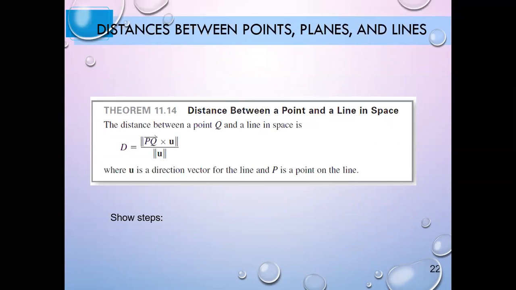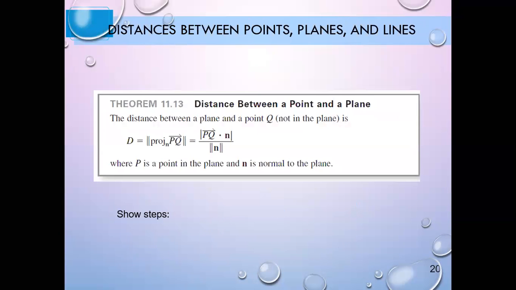Okay, what about the distance between a point and a line in space? Ooh, that's interesting. Well, I've written down this, remember, so if I go back a couple of slides, there it was the absolute value of the dot product divided by the length of n, yes?